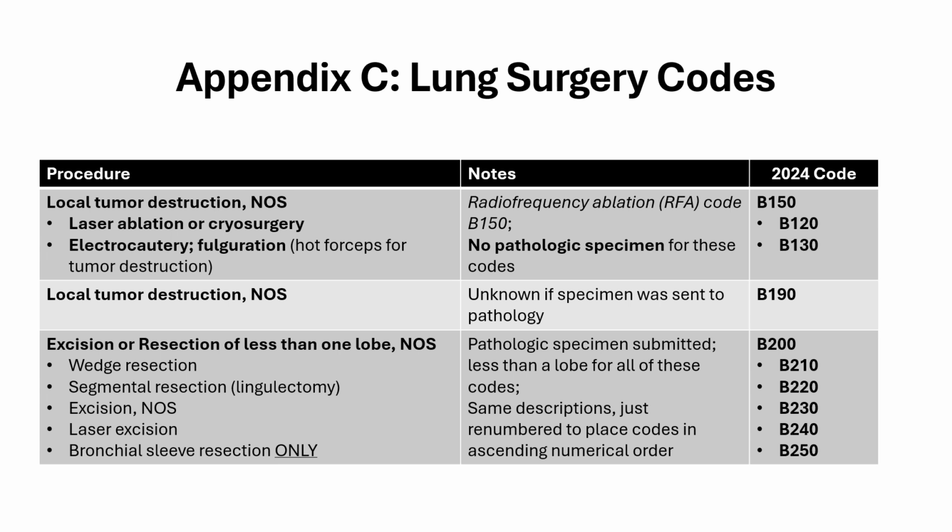So this is excision or resection of less than one lobe, which could be wedge resection, which is B210, segmental is B220, excision NOS is B230, laser excision is B240, and bronchial sleeve resection only is B250. Again, these are less than a lobe, same descriptions, just different numerical ordering.